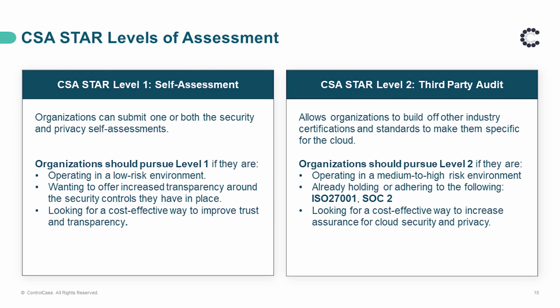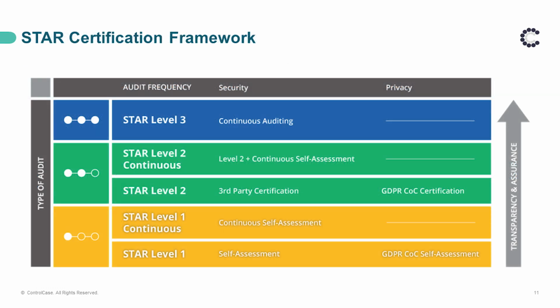And that is where the new level 3 of the STAR comes into play, which is continuous auditing. So that is more like a continuous compliance, ensuring that whatever has been achieved during the certification stage is continued and built upon to improve the information security and privacy posture of the organization.